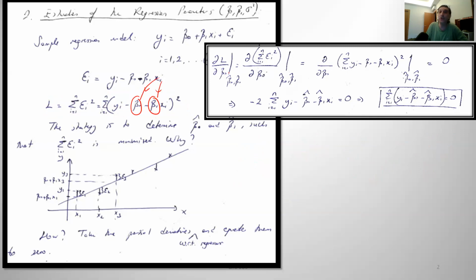Now, these turn into hats, or are turned into estimates. And another important point, maybe not that important for this level: what we are minimizing here, when we give different values for beta 0 and beta 1, are not error values anymore. They are going to be estimates of errors. I'm going to talk about this.